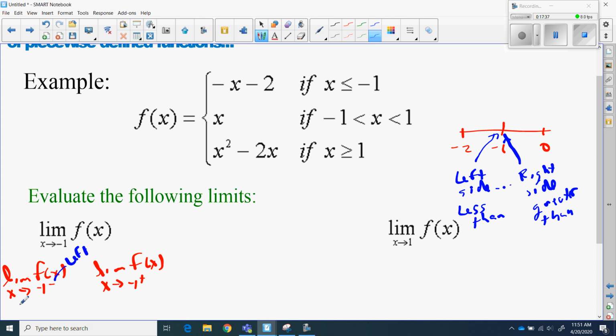So I'm going to put -1 in for x in the top piece of the function. So this will equal, wherever there's an x, I'm going to replace it with -1 minus 2. You've got to be careful here, it's negative, negative, so that's really +1, minus 2, which gives me -1.